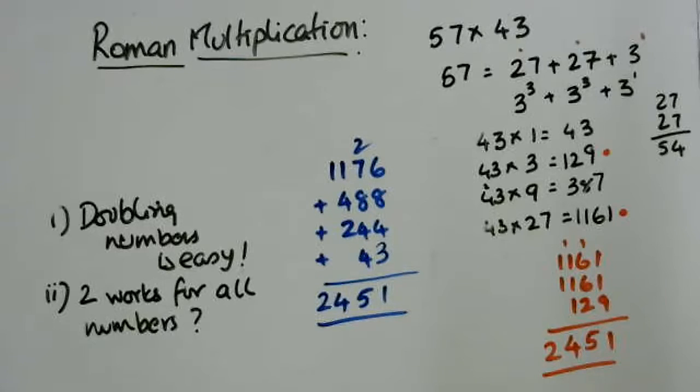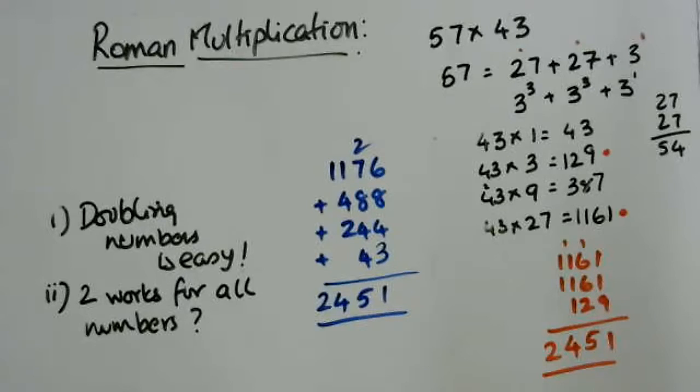Let us say that they had 57 plots of land, and they wanted to multiply it by 43.